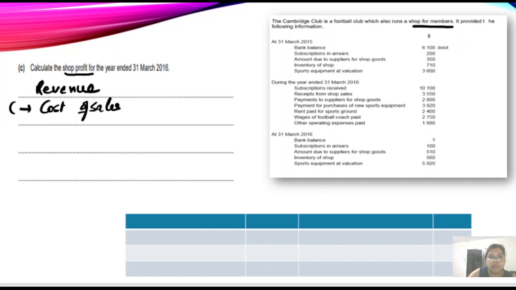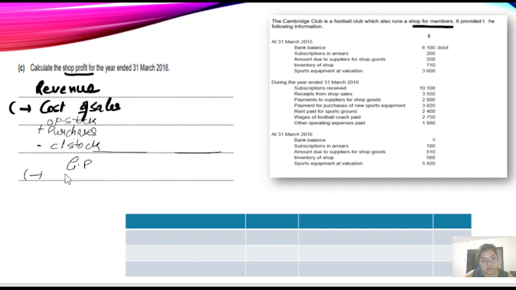For calculating cost of sale, first opening stock plus purchases less closing stock. Okay, whatever you are having, that is your cost of sales, and if there are any other expenses related to the shop, then what will happen, that this is your gross profit.